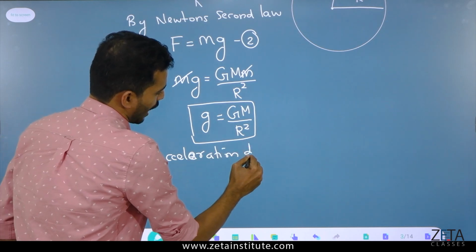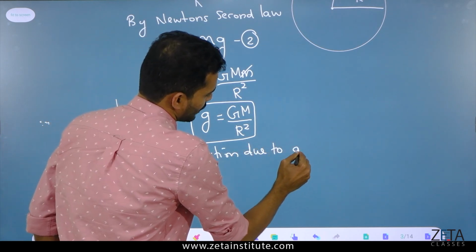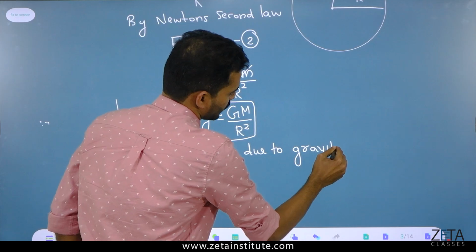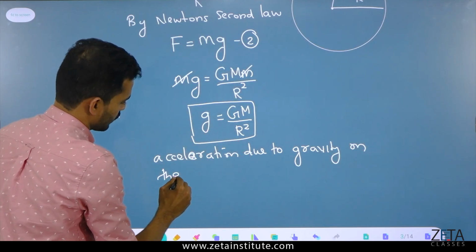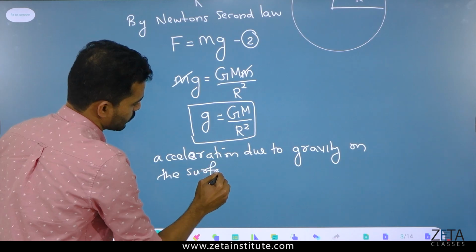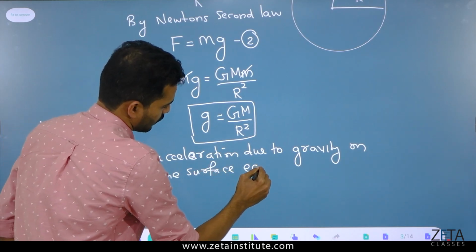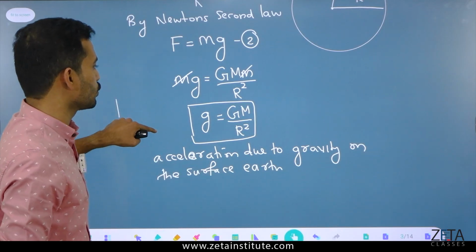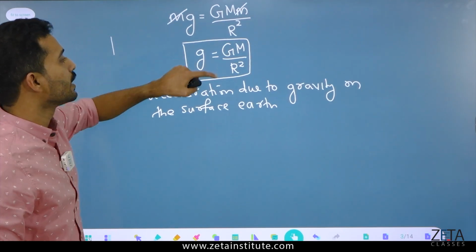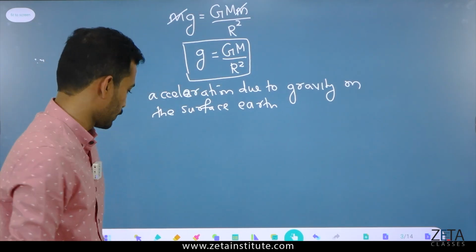The equation to calculate it is g is equal to G M divided by R square.